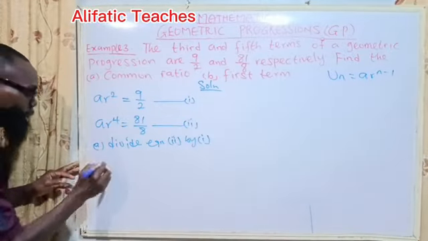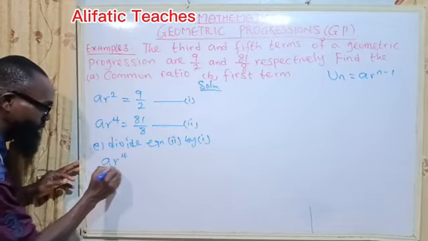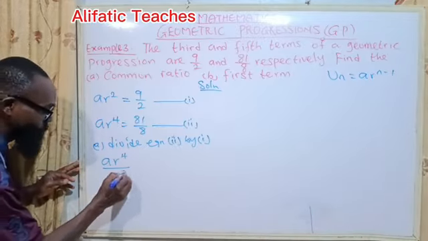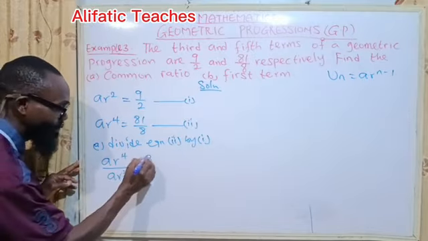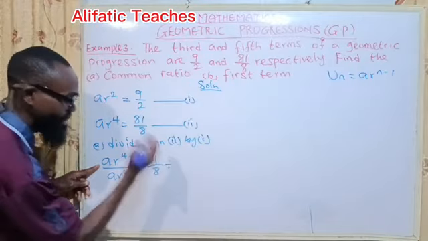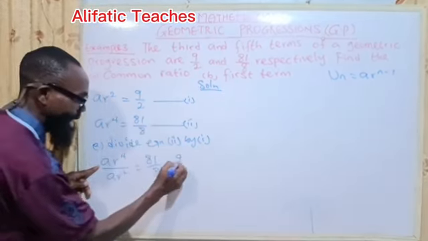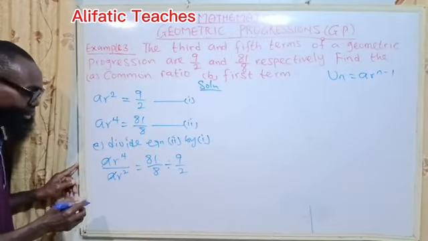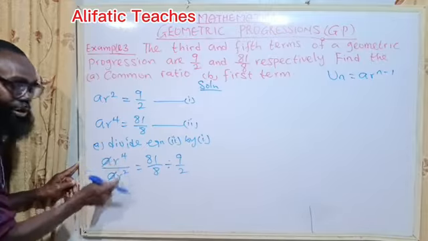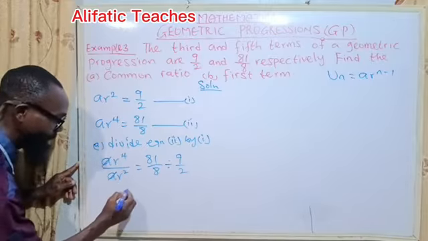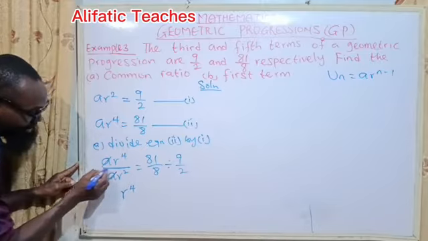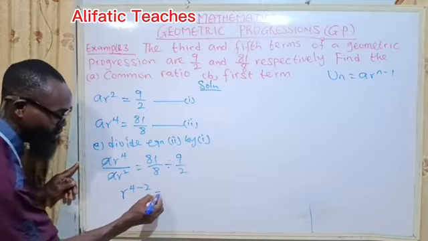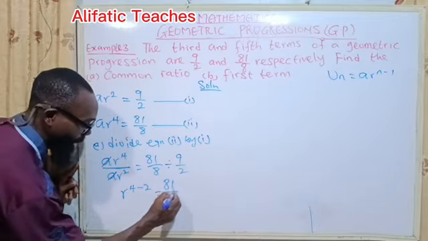My equation 2, AR raised to power 4 over AR raised to power 2 equals 81 over 8 divided by 9 over 2. That is equation 2, 81 over 8, divided by equation 1, 9 over 2. A cancels A, isn't it? Now pick one of these R here, according to our indices. R raised to power 4 divided by R raised to power 2, the indices change to minus 2, equals 81 over 8 divided by 9 over 2.